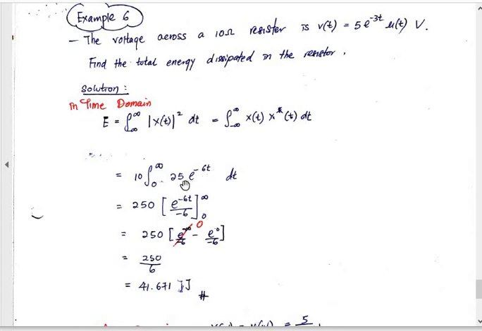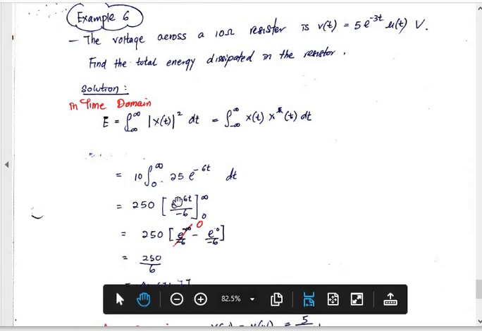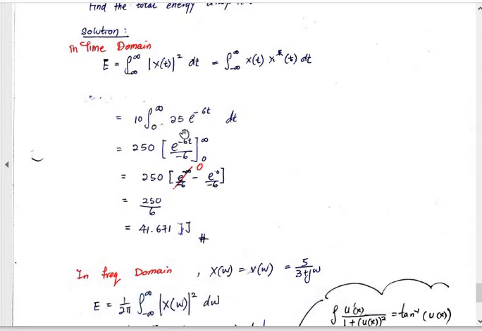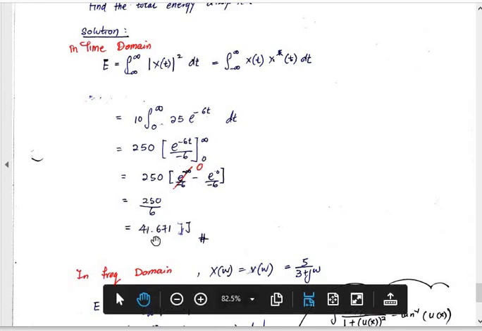You multiply 10 with 25, you get 250. Then you integrate the exponent part, you get exponent negative 6t over negative 6. You substitute the values and get 41.67 joules. This is solved in the time domain.